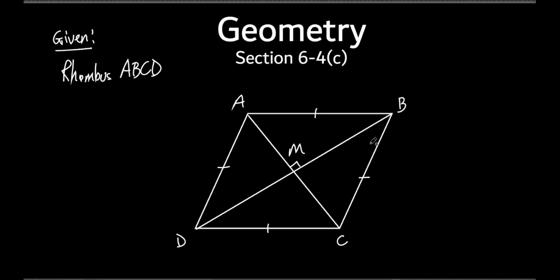They bisect the angles. This is the first time we've talked about the diagonals really doing anything to the angles. So this little angle here and this one here are equal, this one and this one. In fact, since angles B and D are equal to each other and they're both being bisected, what's true about this angle and this angle? They're all equal to each other. And what's true about 1, 2, 3, 4 right here?